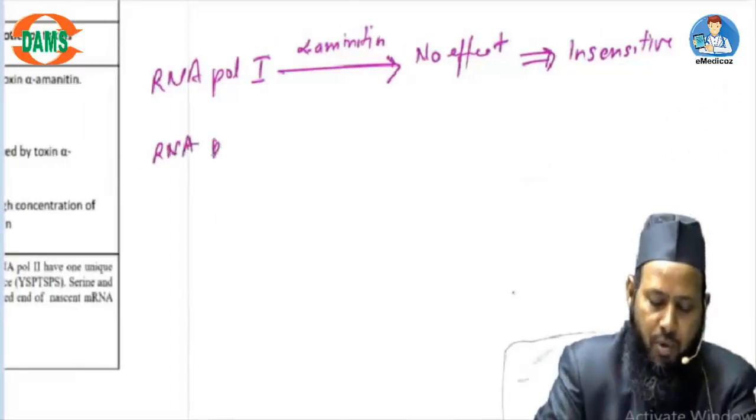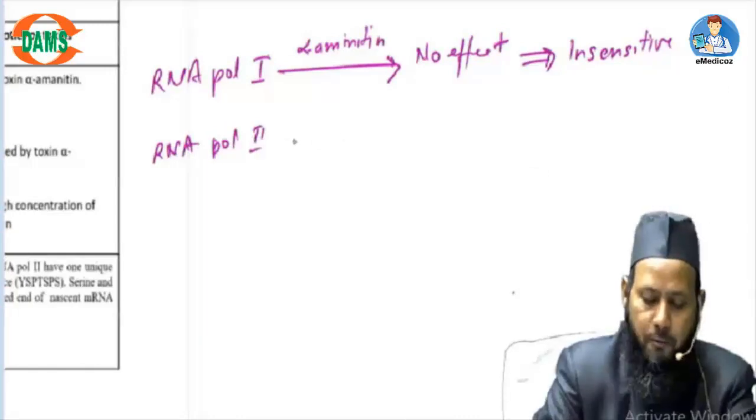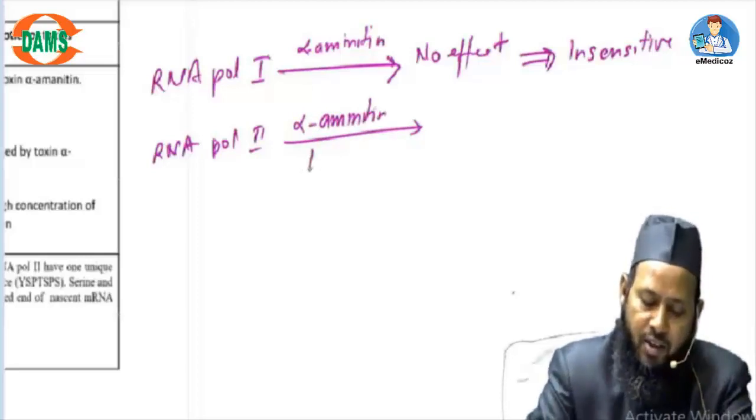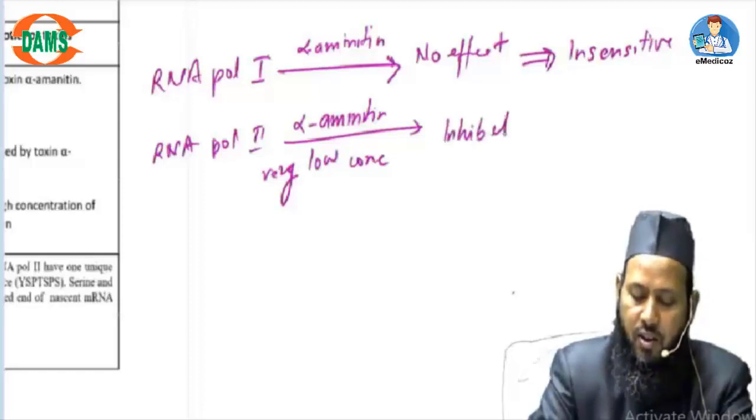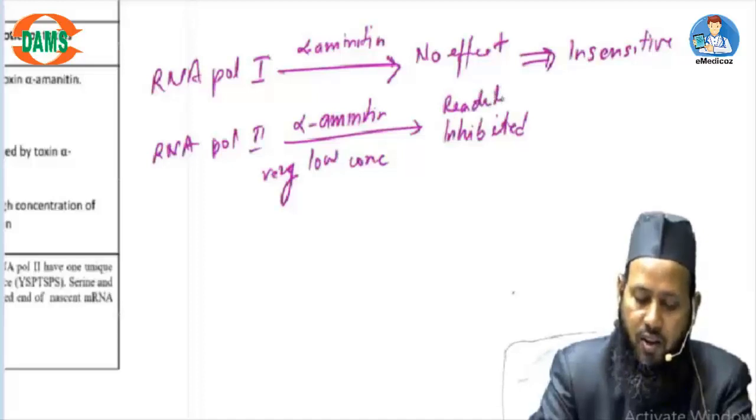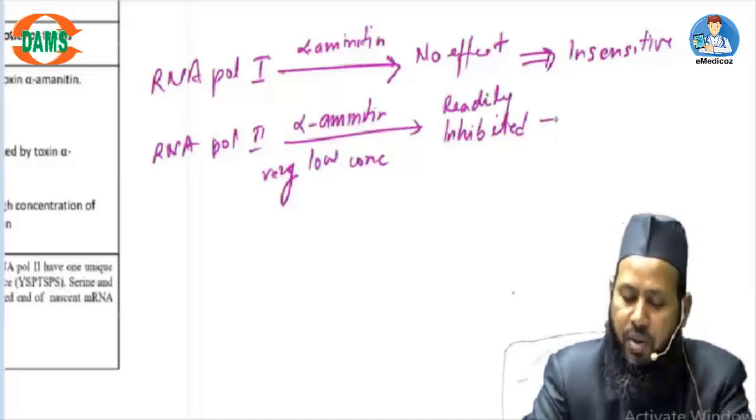Then RNA pol 2, you give the same alpha amanitin at very low concentration, and it is inhibited readily or easily, so we will say it is highly sensitive.